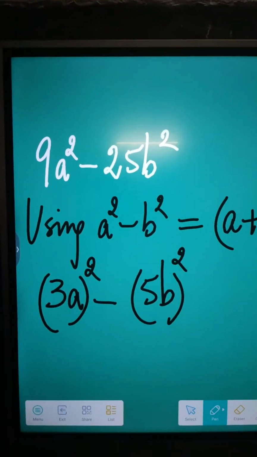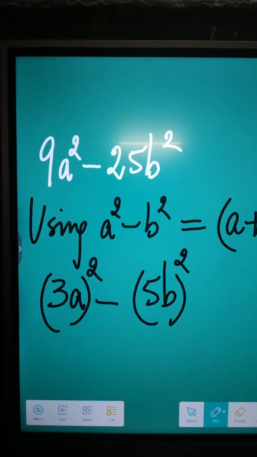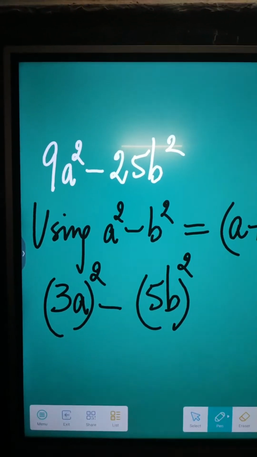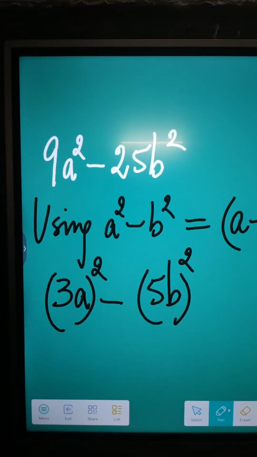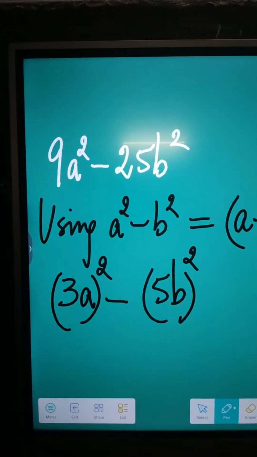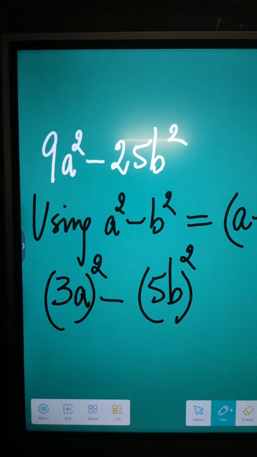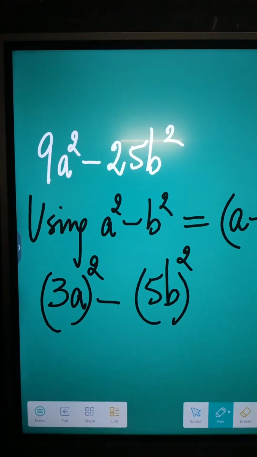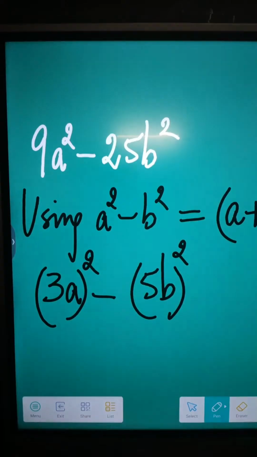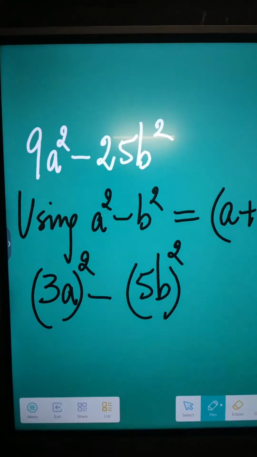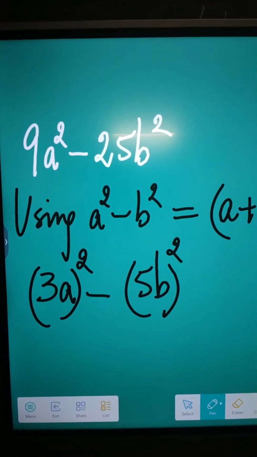Now see this step carefully. 9a square minus 25b square matches the formula a square minus b square. So I have arranged 9a square as 3a square and b as 5b square. So 3a square minus 5b square.